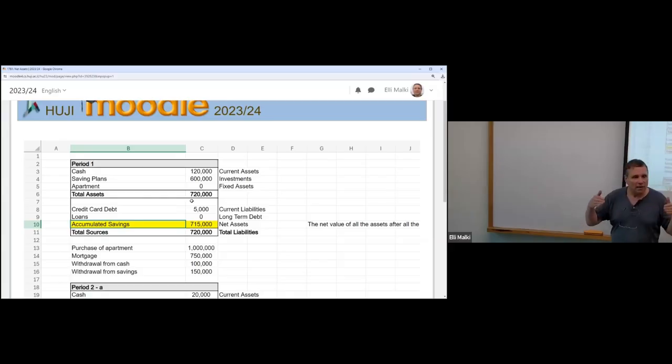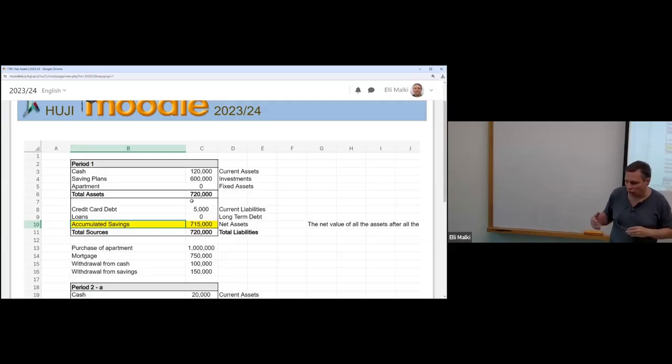I had to create this saving. I had to save enough money so that I will have these 715,000. So the accumulated saving, which is called net assets in the financial statements, is how much I brought from home to finance my assets.